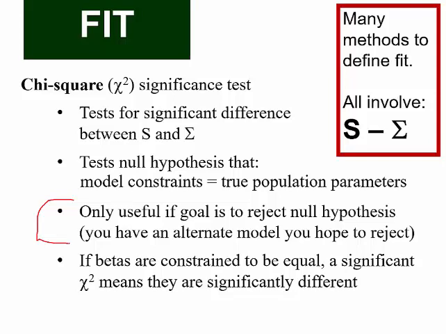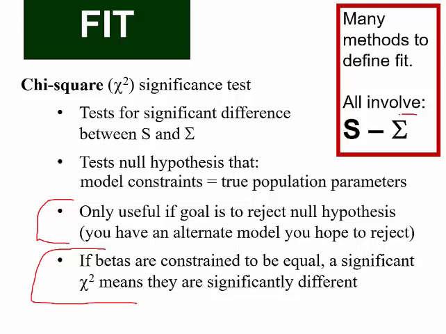Now we're at the point, when we started this whole unit, the whole purpose of talking about structural equation modeling was to test for discriminant validity, where I wanted to see if there's a difference between two betas in the magnitude of effect when they're trying to predict some outcome variable. So if I do a model where I constrain my two betas to be equal to each other, in this case, my null hypothesis is that the betas are equal.